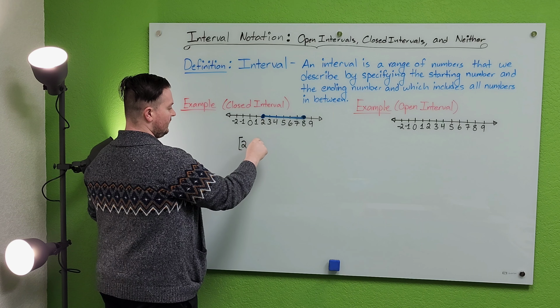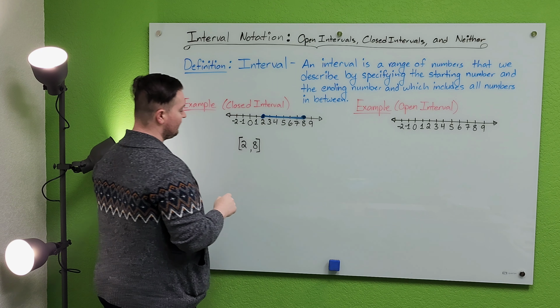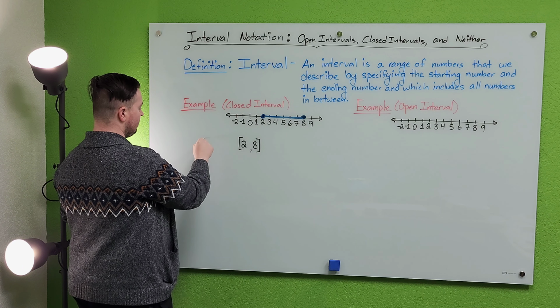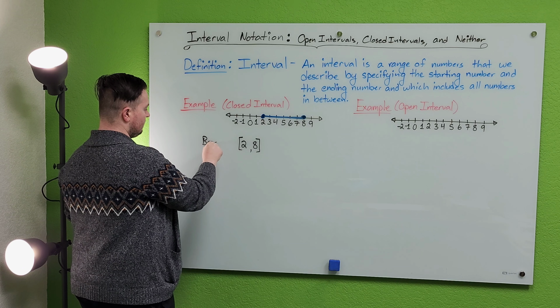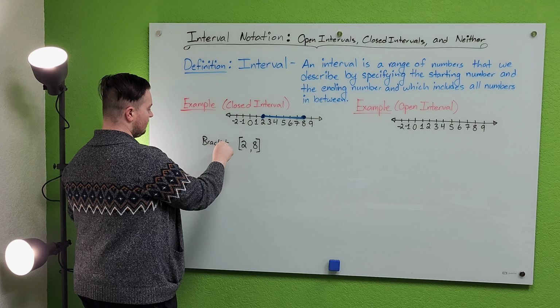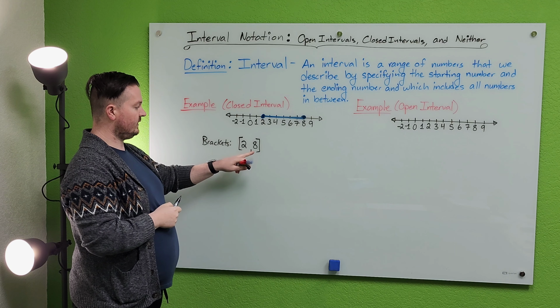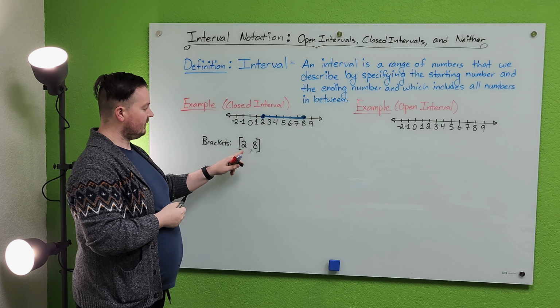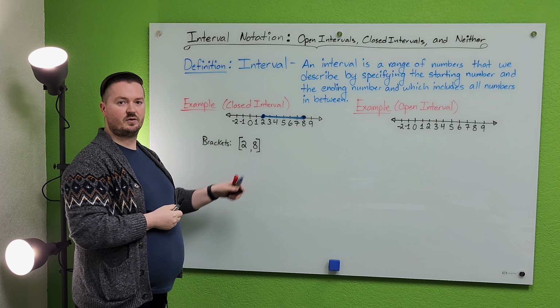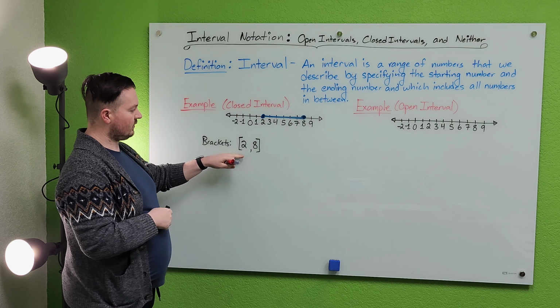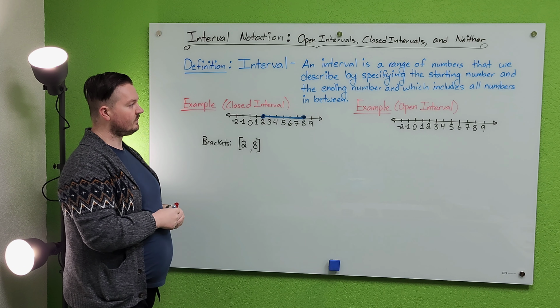It's the largest number, and we are including that number in the group. So when you use brackets, that means that we are including the number 2 and the number 8 in our group. And between these two numbers, all of the numbers in between are also in our group. And this is what we call a closed interval.